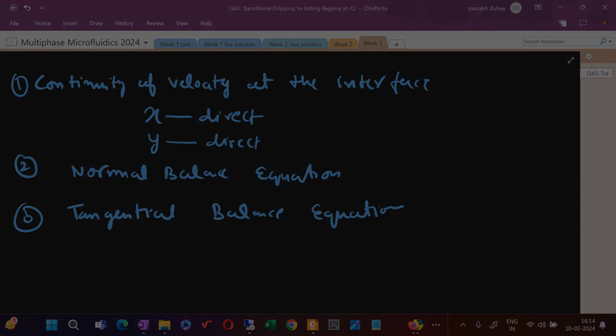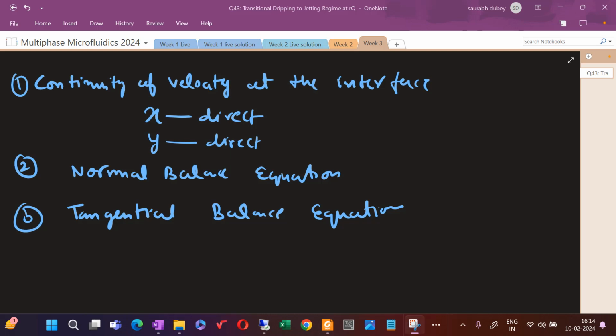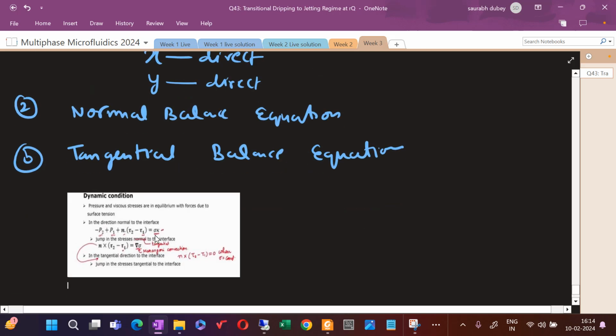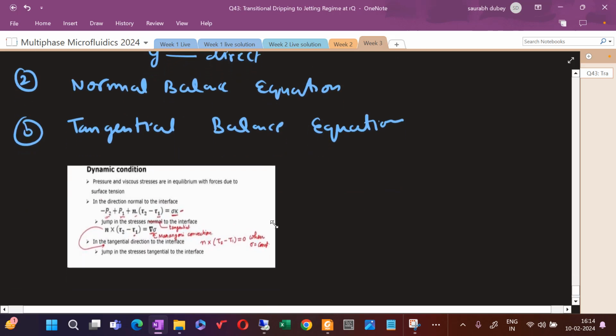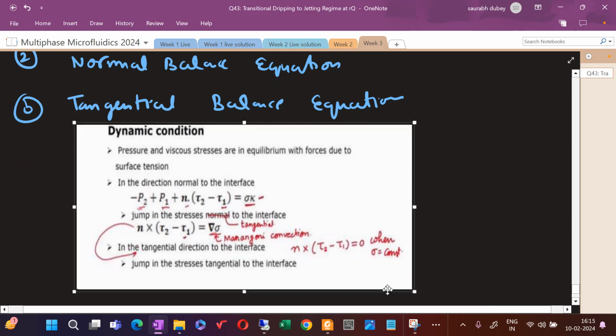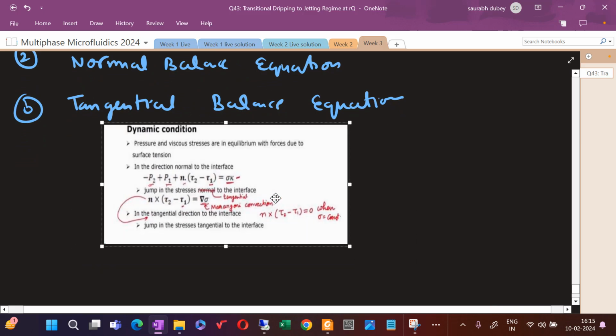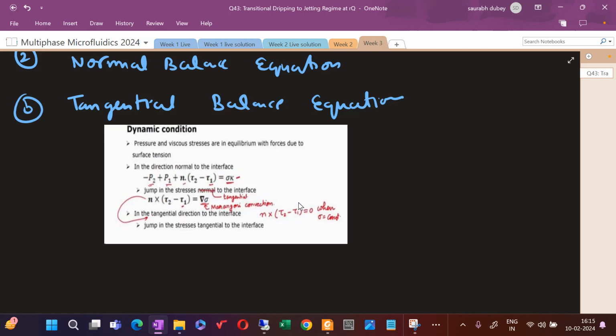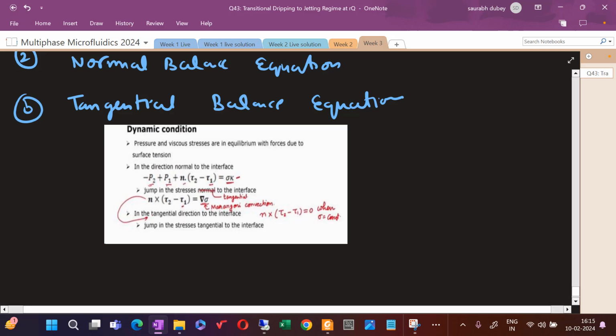From the class slide, this is another boundary condition: the normal balance boundary condition and the tangential balance boundary condition. And if there is a Marangoni flow, where surface tension changes with temperature, then the Marangoni number and Marangoni factors come into the equation. But the main concept is this one only.